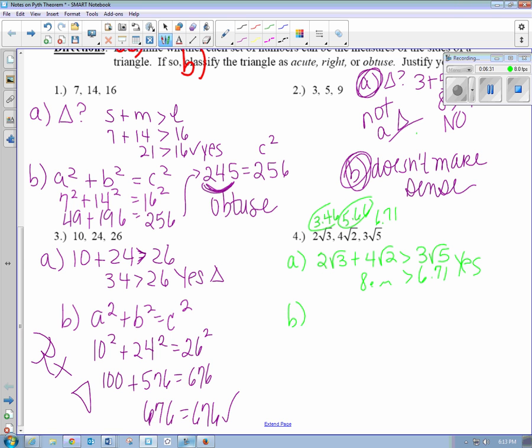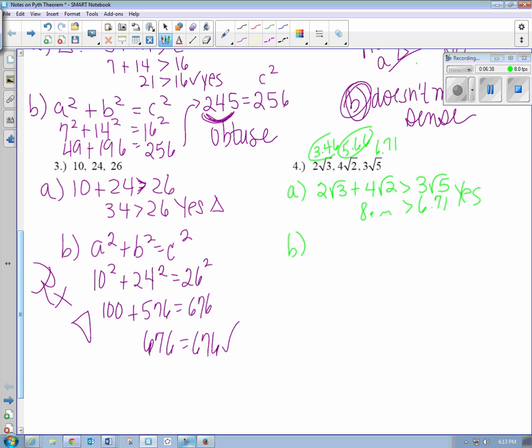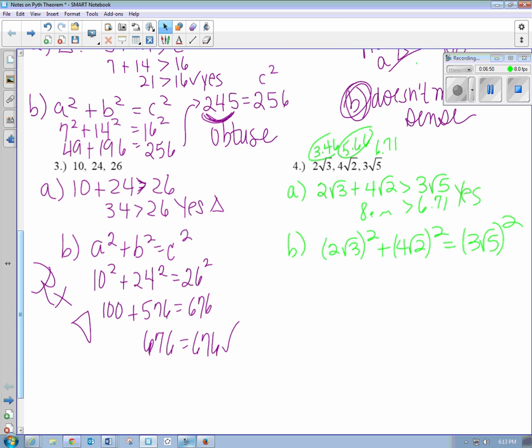To test the kind that it is, means I substitute into the Pythagorean theorem. So I'm going to put those side lengths in. I'm putting in 2 radical 3 and squaring it, 4 radical 2 and squaring it, 3 radical 5 and squaring it. Go back to your rules for radicals. 2 radical 3 squared is 2 radical 3 times 2 radical 3.